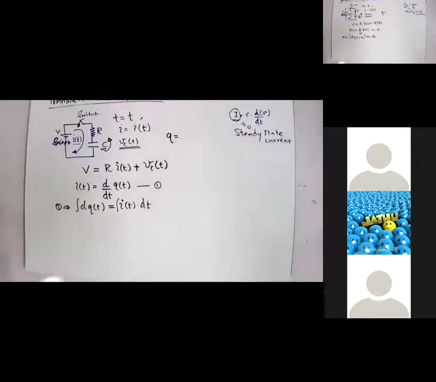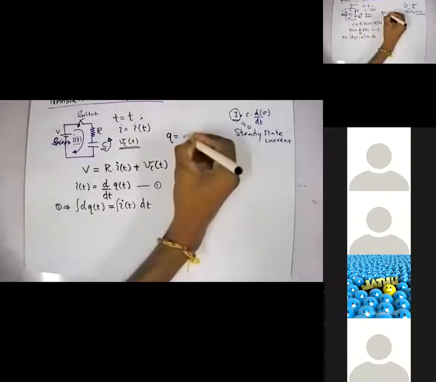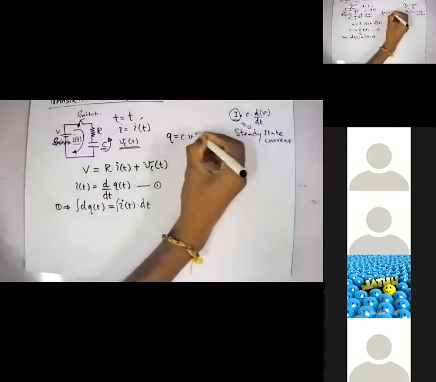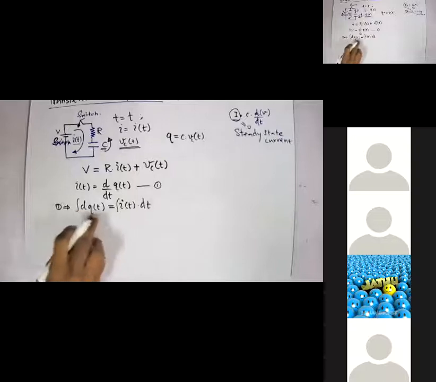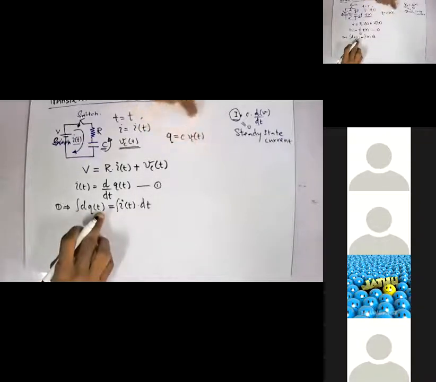You can put it in the chat as well. Q equals C into V of t. Am I right? Q equals C into Vc of t, right? So this becomes Qt, and then that can be written by this one, right?